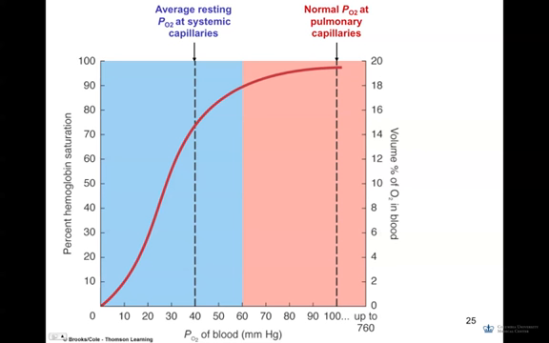So you're talking about a 2, 3, 4% change versus a 10% change. So very, very small changes at the flatter region, at the upper range of blood PO2 compared to the lower range of blood PO2.